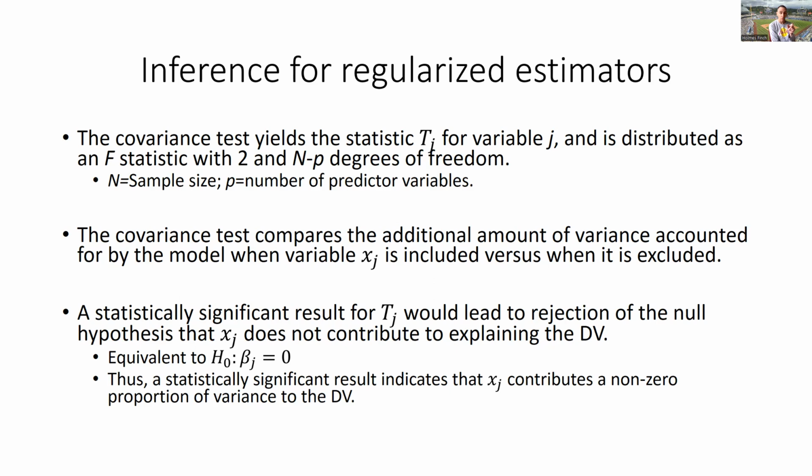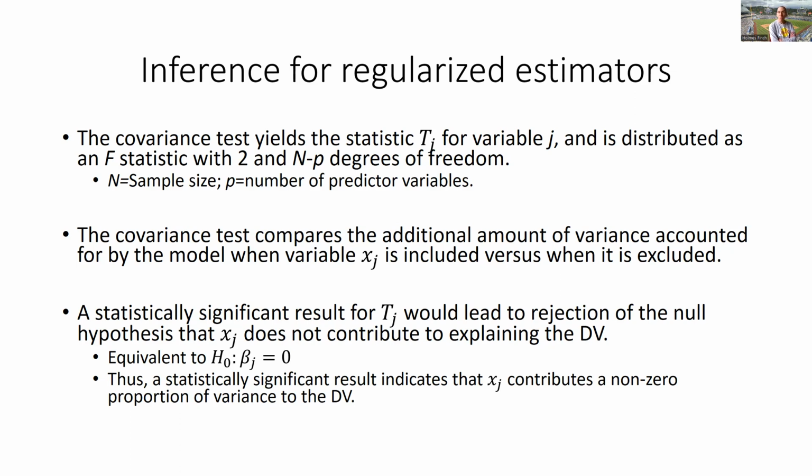And if it accounts for a lot of additional variance, then we say, yeah, it's important. It's statistically significant. If it doesn't account for much variance, then it's not important. And there's going to be a trick, as you'll see in a second, for how we account for the variable selection process.